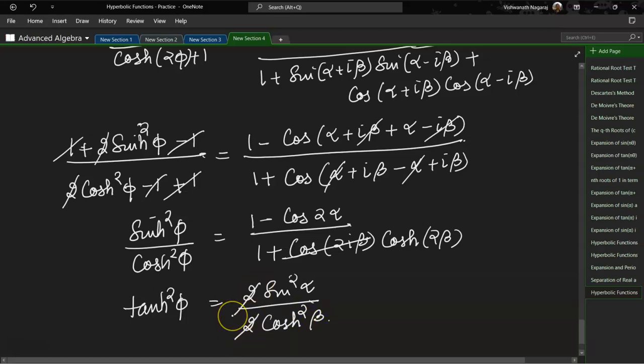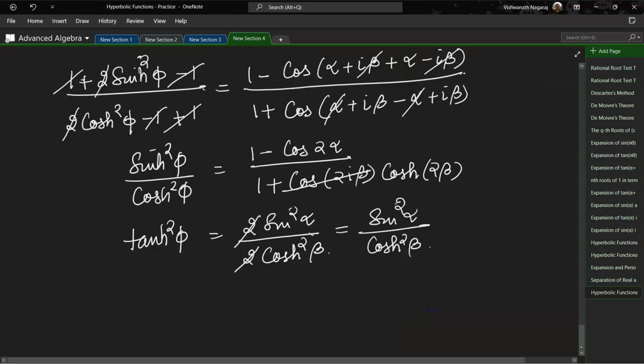So 2 cancels and we are left with sin squared alpha by cosh squared β. If we take the cosh to this side, we end up with tanh squared φ times cosh squared β is equal to sin squared alpha, which is what we had to prove.